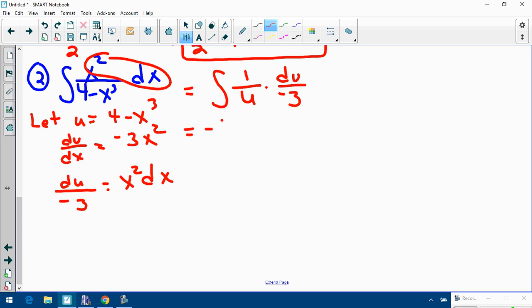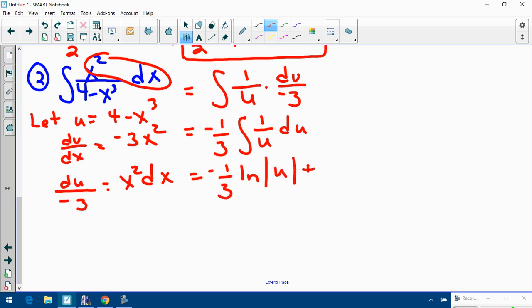So I can pull that negative 1/3 out front, times the integral of 1 over u du again. And that becomes negative 1/3 ln absolute value of u, don't forget absolute value, plus c, and then plug in u. Negative 1/3 ln absolute value of 4 minus x cubed plus c.